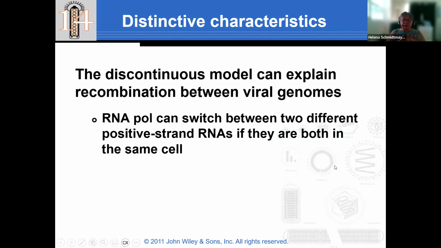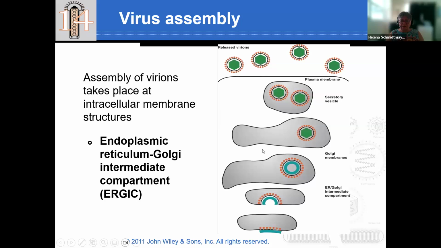So the switching of RNA polymerase between two different positive strand RNAs, if they are in the same cell, can contribute to recombination and creation of new coronaviruses, which can have different tropism, different characteristics, and different pathogenesis.